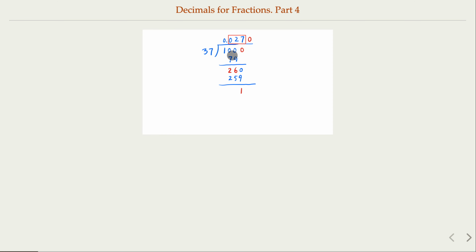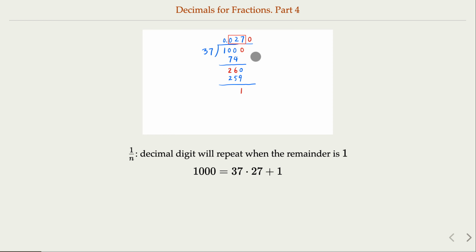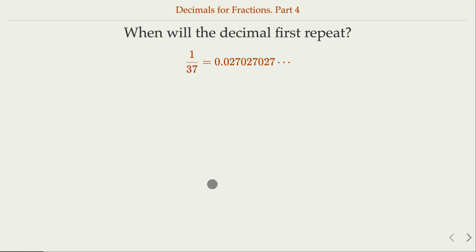What we have here is really 1000. Mathematically, the equation would be 1000 equals 37 times 27 plus 1. In other words, when the divisor is 37, 10 to the third power is congruent to 1 mod 37. And when that happens, 3 would be the period length, 027. That is the pattern we learn from this example.